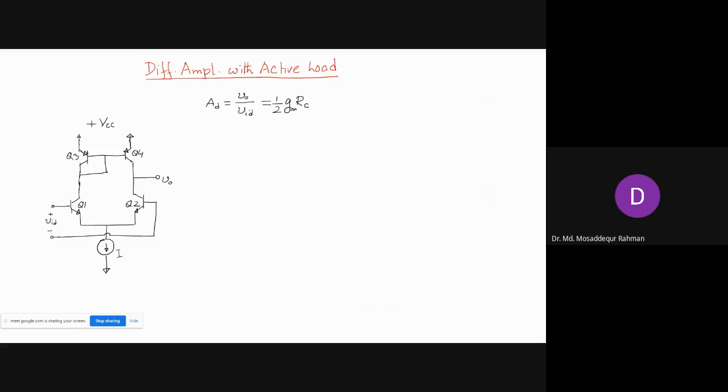That is our differential amplifier with active load. Q3, Q4 are basically the current mirror circuit. Together they make the current mirror circuit, and they are working as the active load.